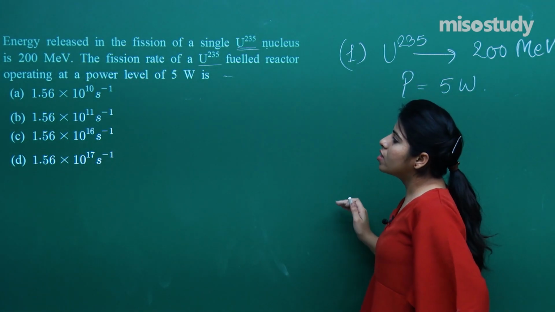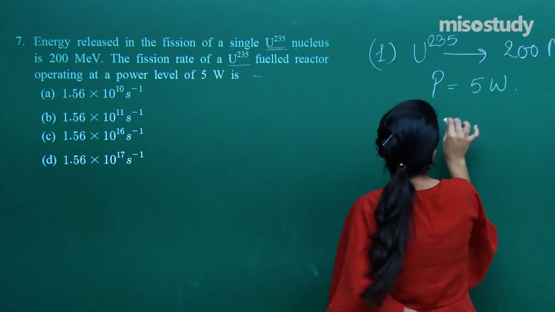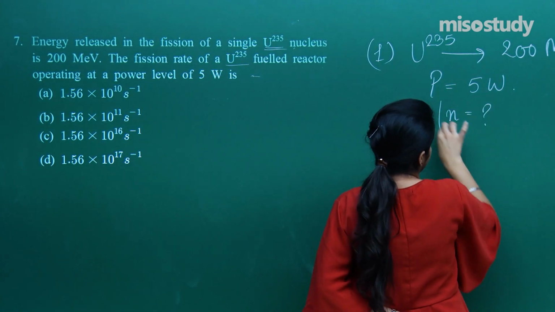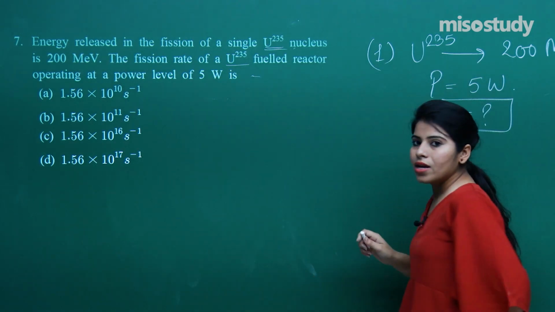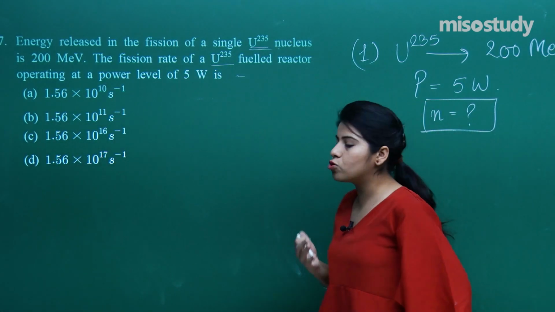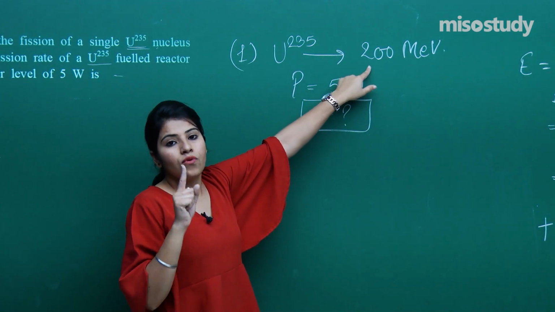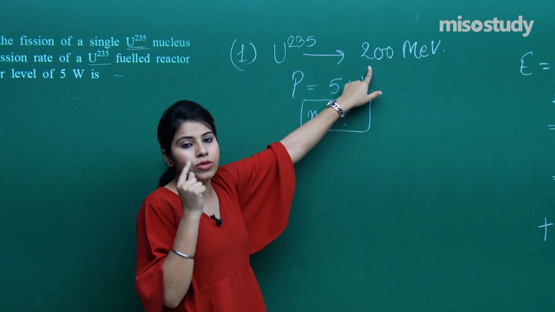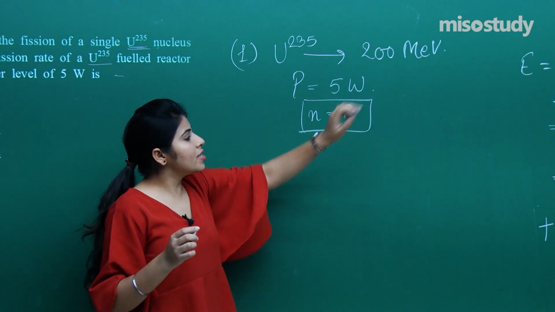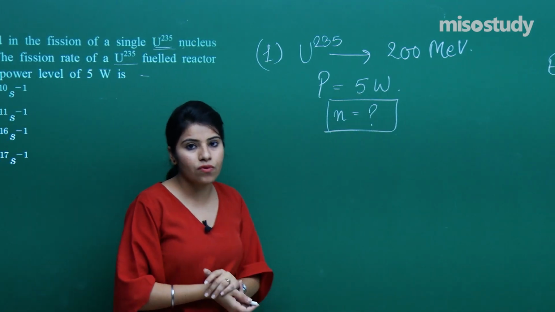Now what do we have to find? The fission rate. So basically we have to find this N. Let me tell you how we are going to proceed. I have been given the energy for one uranium nucleus, which is 200 mega electron volt.